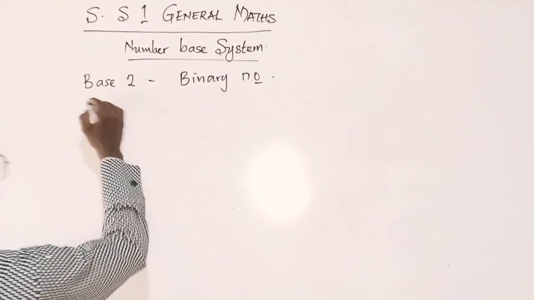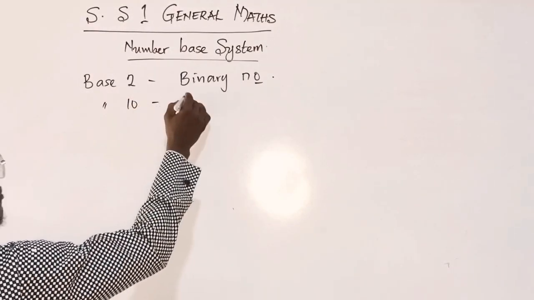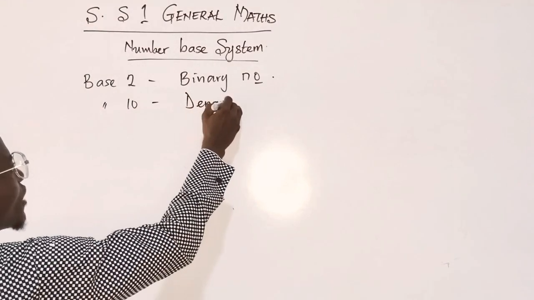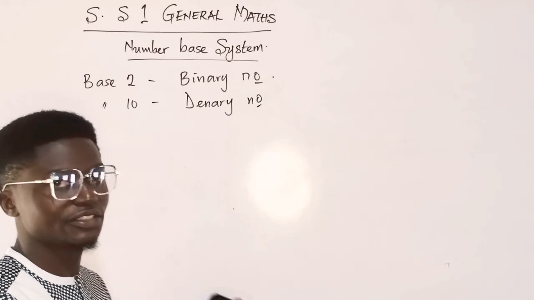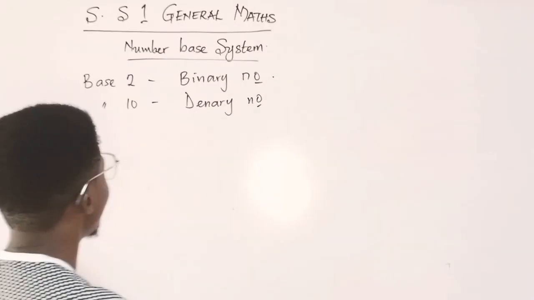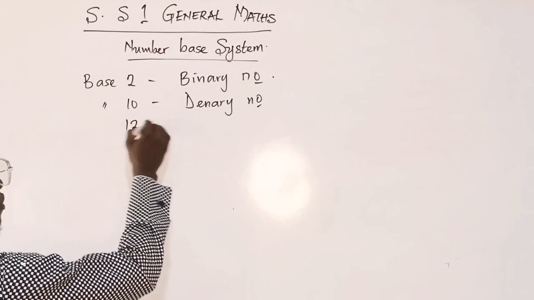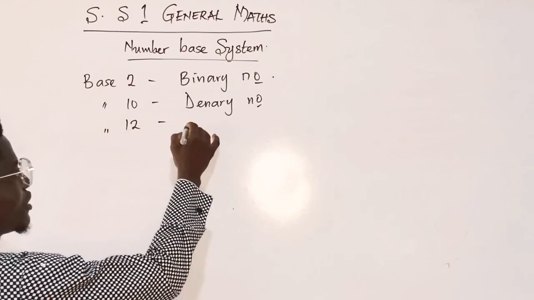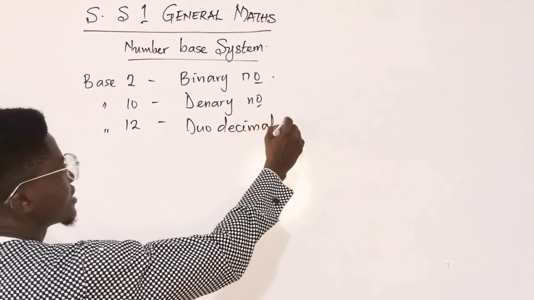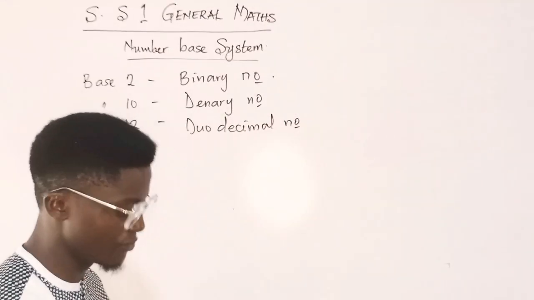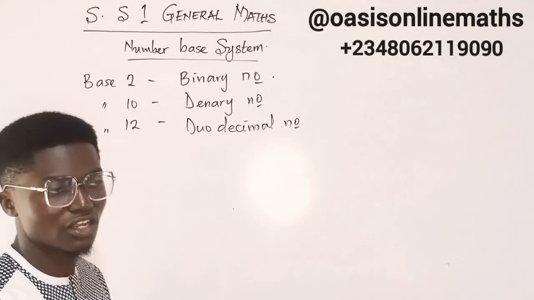Let's go to base 10. When we have base 10, we have denary. Any number in base 10 is called a denary number. Likewise, we have base 12, which is duodecimal. Duodecimal numbers, that is the name we call any number in base 12.